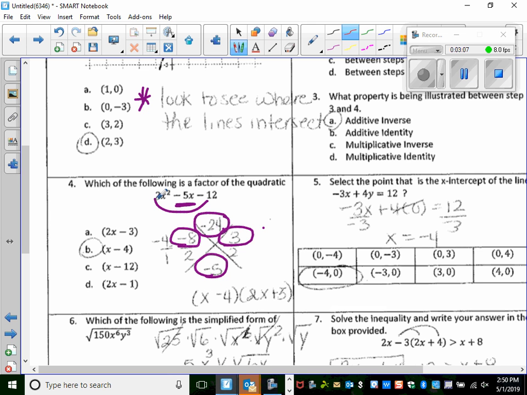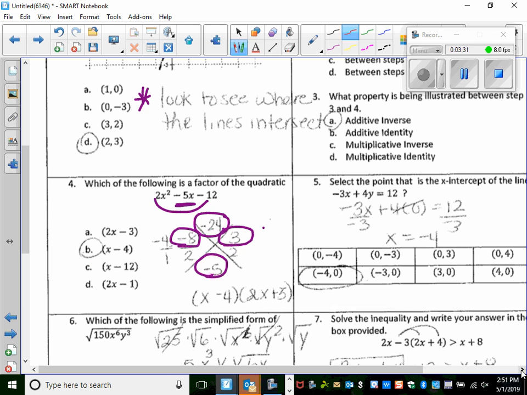Okay, then we divide by our a term. Our a term is 2. So I put a 2 under each one. And then I just reduce this one. I cannot reduce the other side. And then when you write it, you start from the bottom up, x minus 4, 2x plus 3. The only one that's there is the x minus 4.